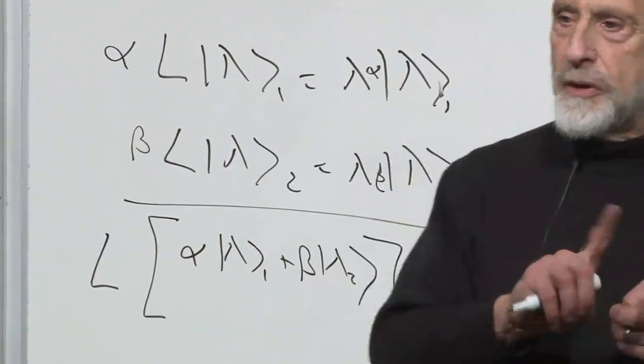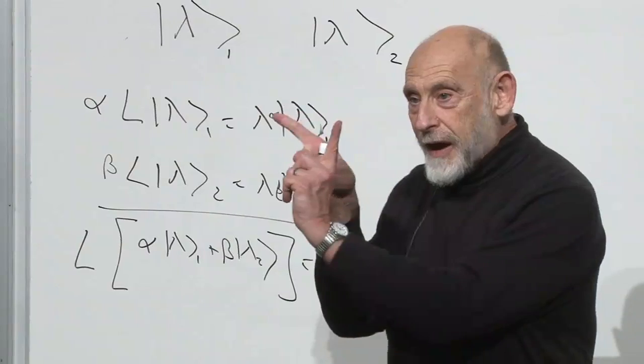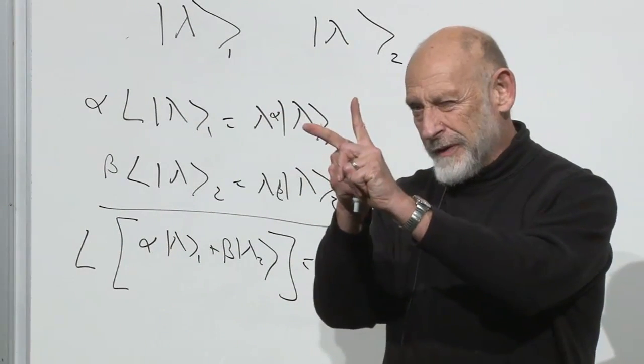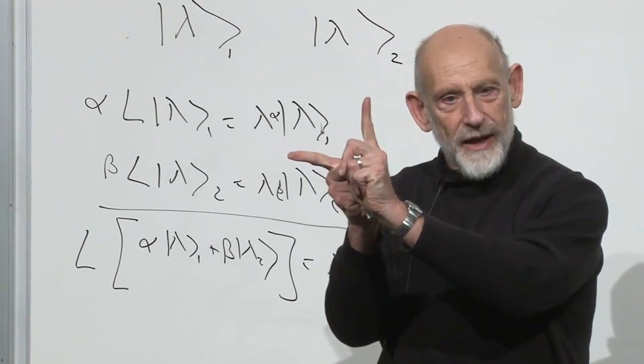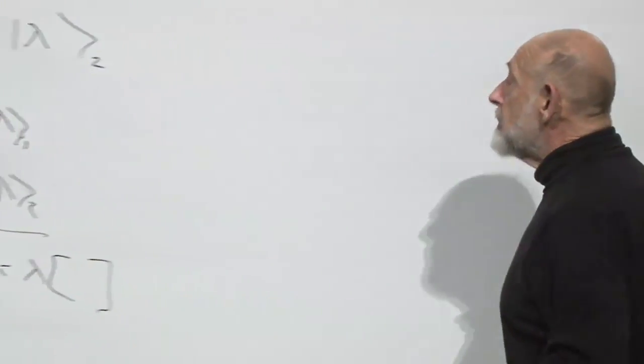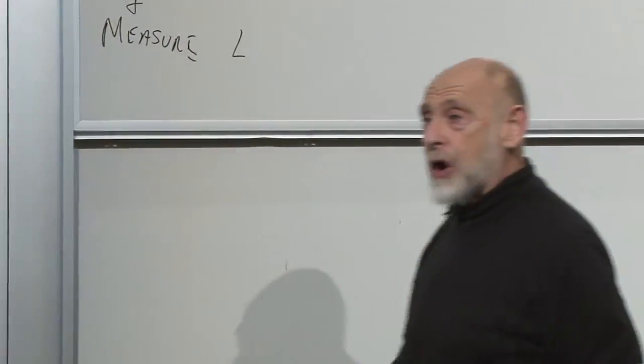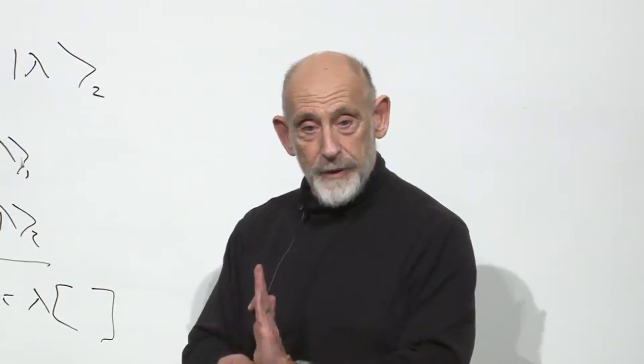Now, given two distinct vectors and all the possible linear combinations of them, you can always find perpendicular combinations. You got this one, you got this one. Now we can always add them or subtract them with coefficients to make them perpendicular. So the rest of the theorem is that if the two eigenvalues are the same, you have the freedom to choose two eigenvectors which are orthogonal.